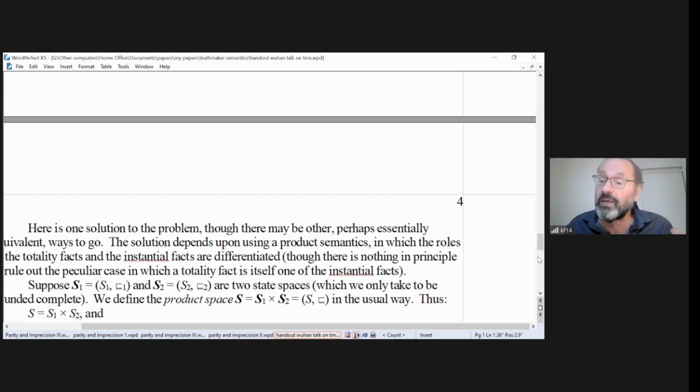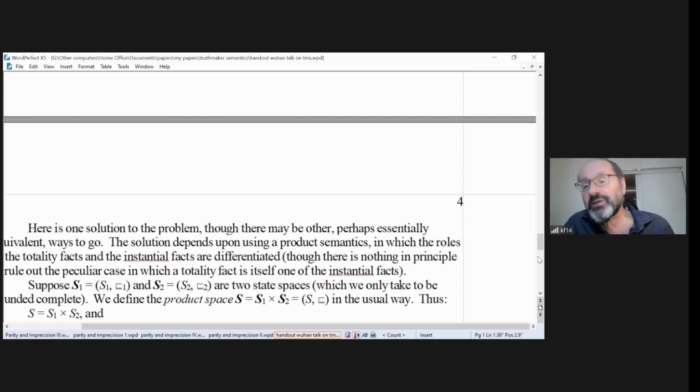So we've got one state space, we've got another state space, and I look at the product. In the product space, the states are ordered pairs of the states from one space and the states from the other space. Now, in this particular case, one of the state spaces will be the state space telling us what the domain is.